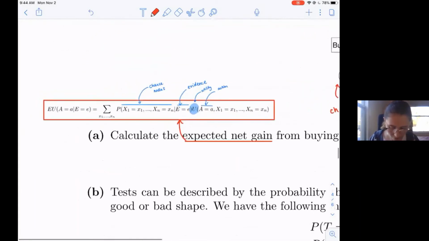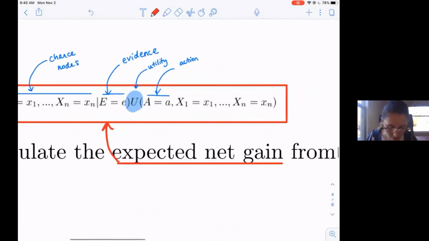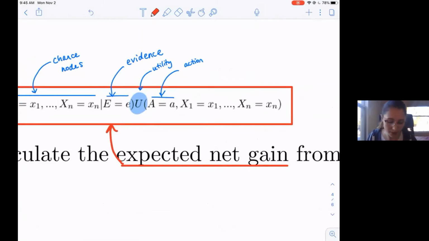So here is a quick general formula for how to compute the expected utility of an action little a given evidence little e, where you basically go through and you sum over all of the chance nodes, which are these big x1 to xn's, conditioned on the evidence. You multiply the probability of these chance nodes given the evidence times the utility that you get from taking action A, and all of these chance nodes taking on the values x1 to xn.